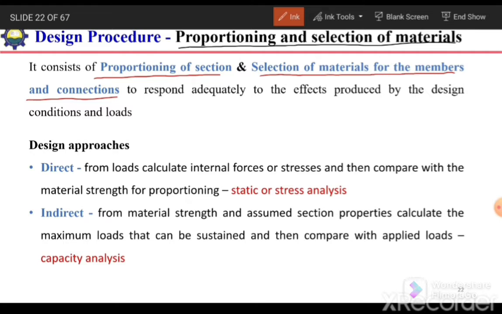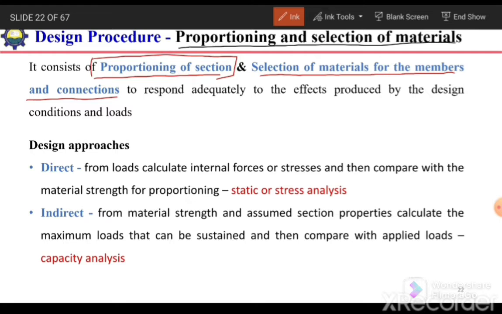Then we only need to proportion the structure: what will be the cross-sectional dimension and the shape of the cross-section. Our selected section should be capable of resisting all the applied loads.